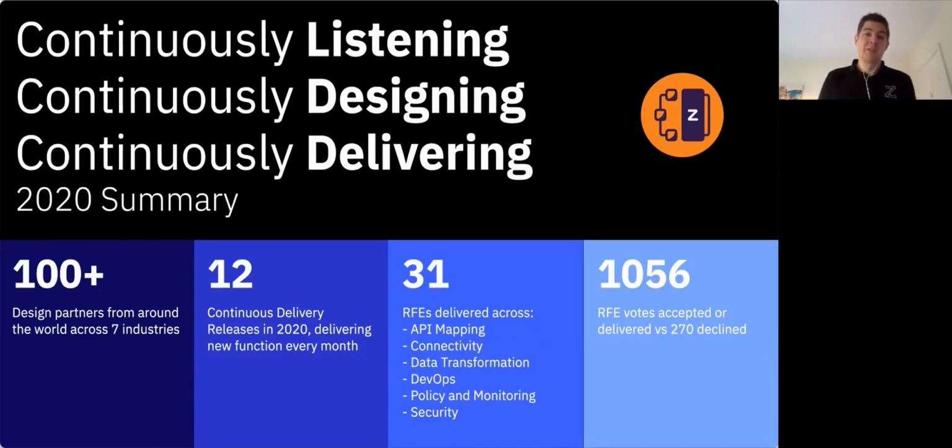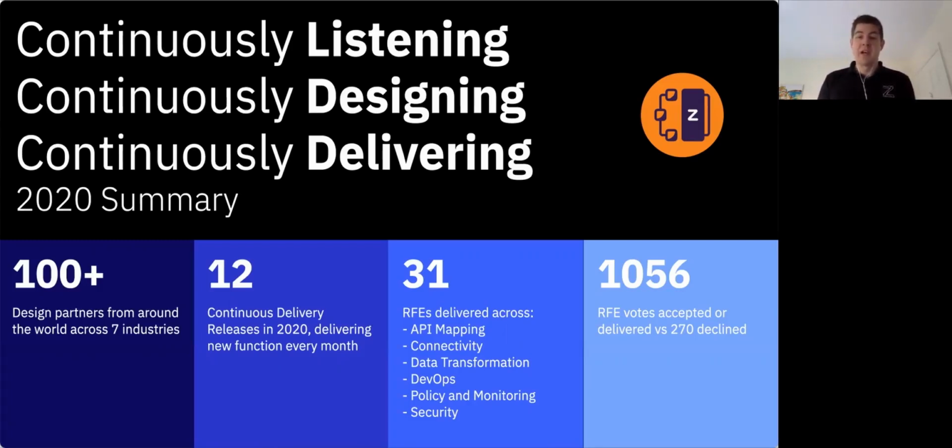So one of the keys to our success in this space is that we have over 100 design partners across 7 industries all around the world, and we work very closely with them to understand what they need and what the trends are. And we deliver on a continuous delivery basis. So we drop new function into the product every month.